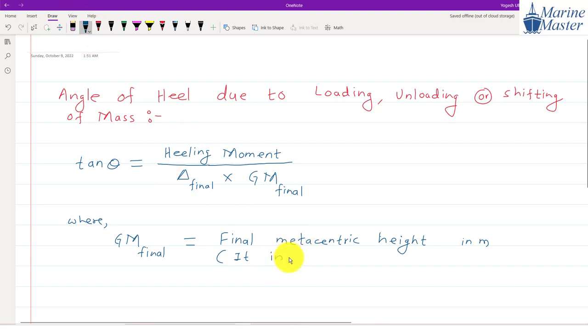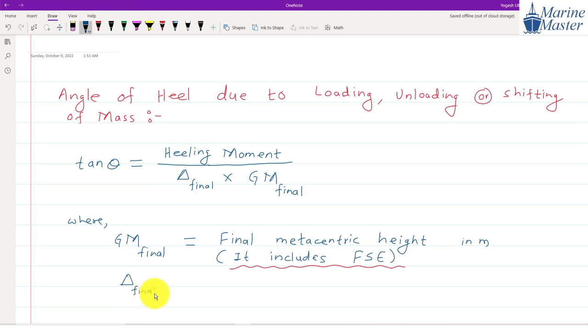In a few minutes we will see, after this point. FSE stands for free surface effect, and how it is included I will explain. And delta final means final displacement, and this displacement must be in tonnes. Okay, so please everyone write down this relation.